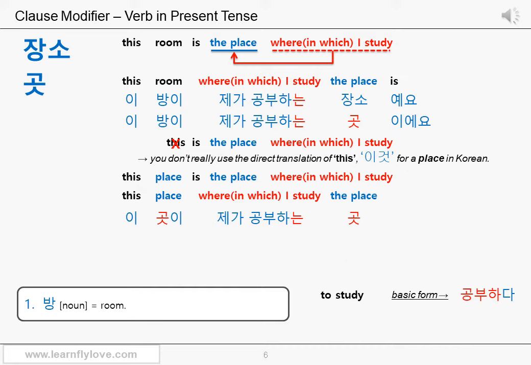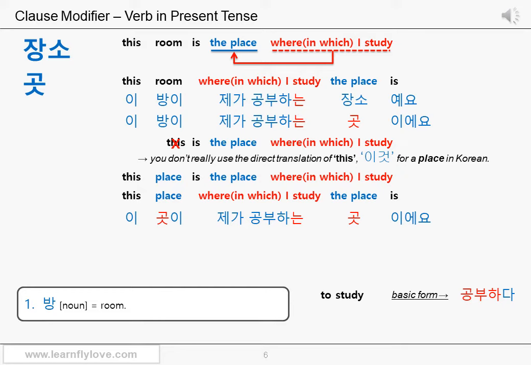The place, 곳, is, 이에요. 이곳이 제가 공부하는 곳이에요. Yes, it's totally fine. It's much better than using 이것 with the 컷 sound. 곳 is used to refer to a place without using its name. 것 with the vowel is used to refer to a thing without using its name.